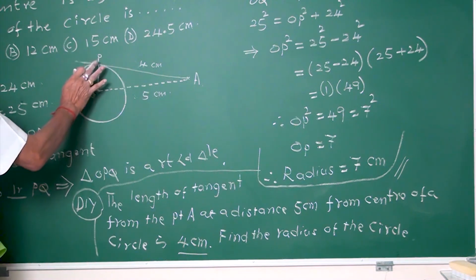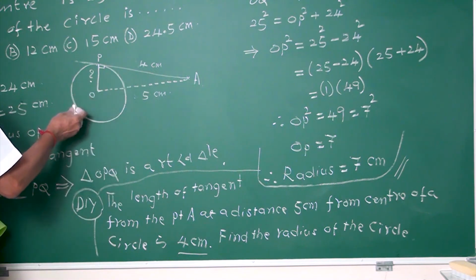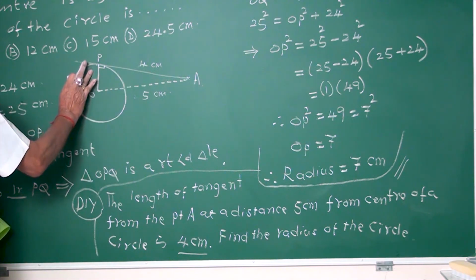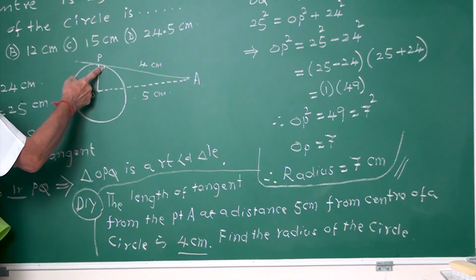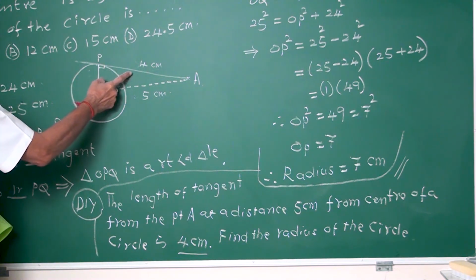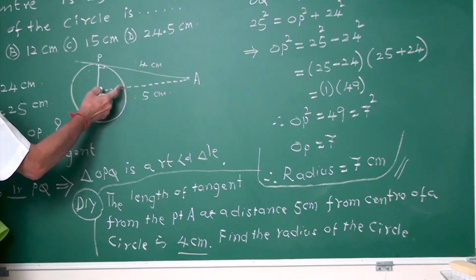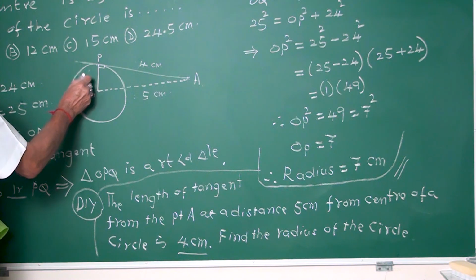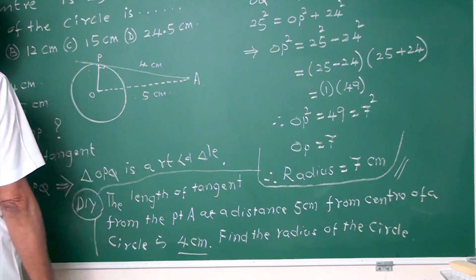You want to find what is the radius of the circle? 5, 4 means what? The radius is, my friend, 3, 5. Pythagorean numbers, again 90 degrees. Right angle triangle, two sides are 4 and 5. Hypotenuse is 5. Then this side is what, my friend? 3 centimeter. Radius in this case is 3 centimeter.